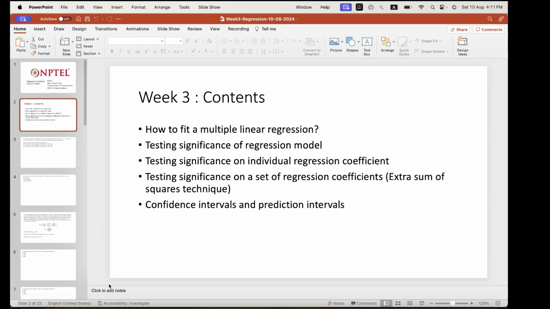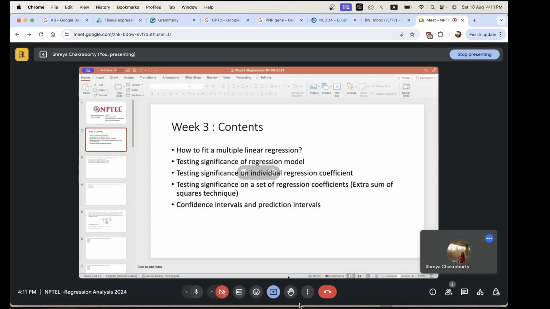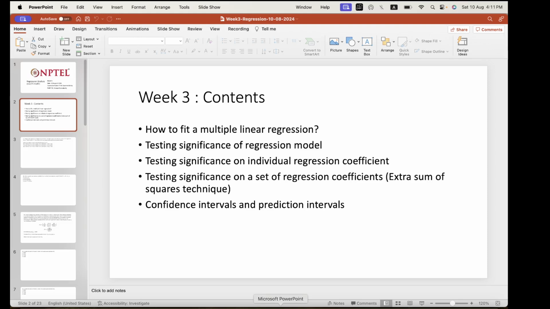Alright, so if we have, let's say, 2 or 3 predictors, then predicting the effect of each of those predictors is what we do when we test significance on individual regression coefficients. Okay, and then we have learnt testing significance on a set of regression.